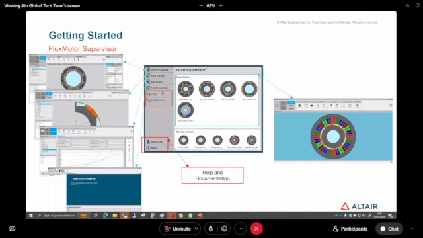Of course, as in most Altair solutions, there are the units and the preferences that you want to set. And there is a help and documentation.